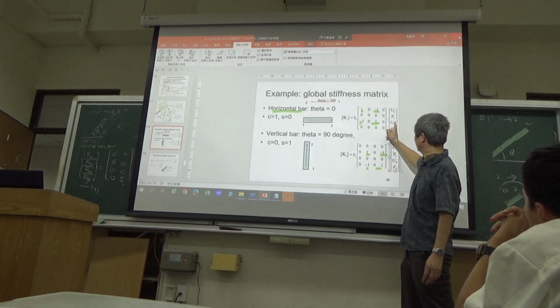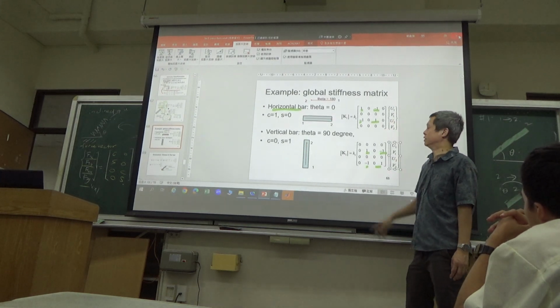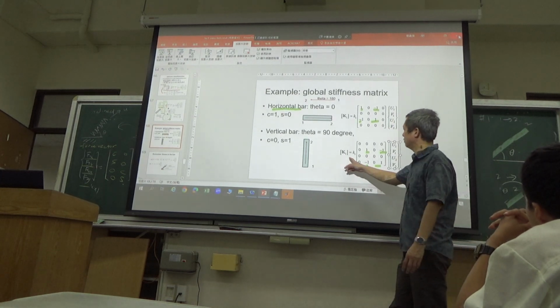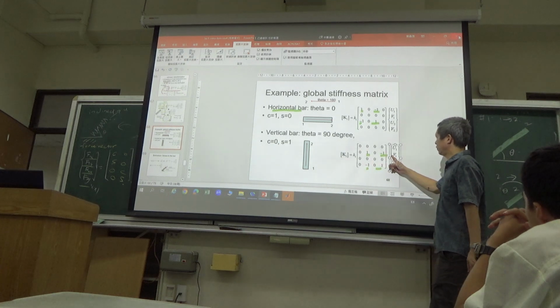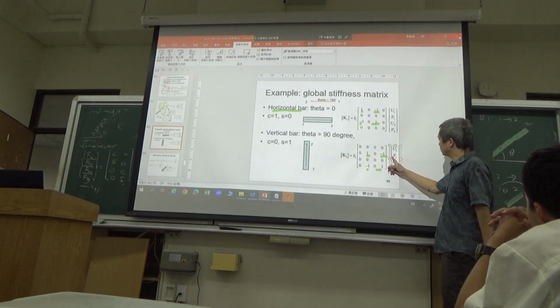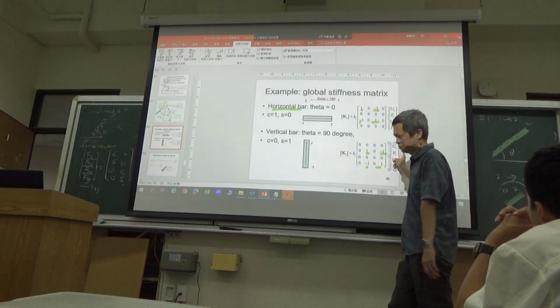This is non-zero, matching with horizontal displacement. And then for the vertical one, you have the non-zero row of the stiffness matrix matching with the non-zero displacement.